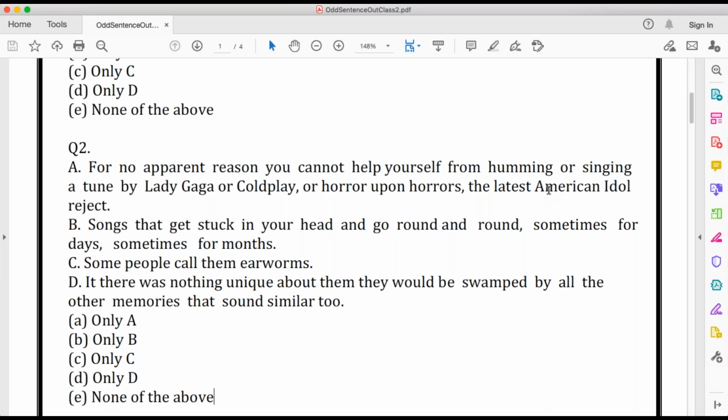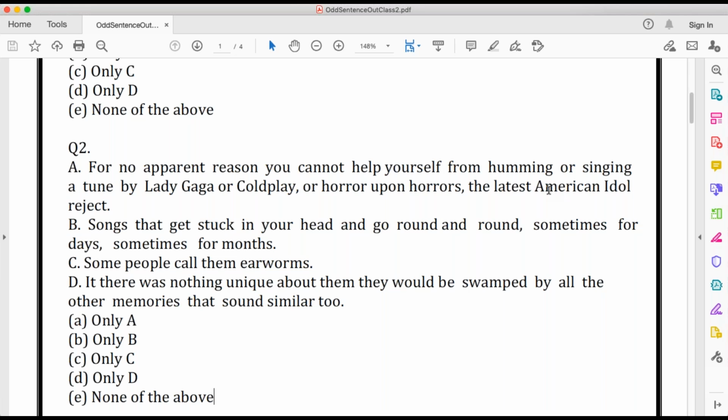The correct answer is option number D. D is the odd sentence out, and the reason is sentence number C is talking about people calling them earworms. What is "them" in sentence number C?